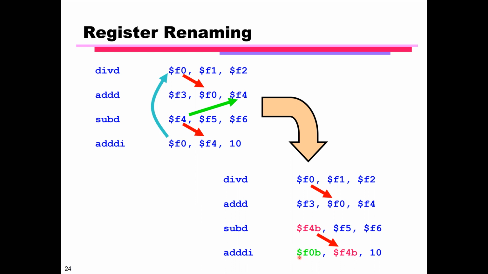It is, for instance in my example, the name of the reservation station where I have put this instruction. So I'm using a unique name, which is completely different by construction from this one.